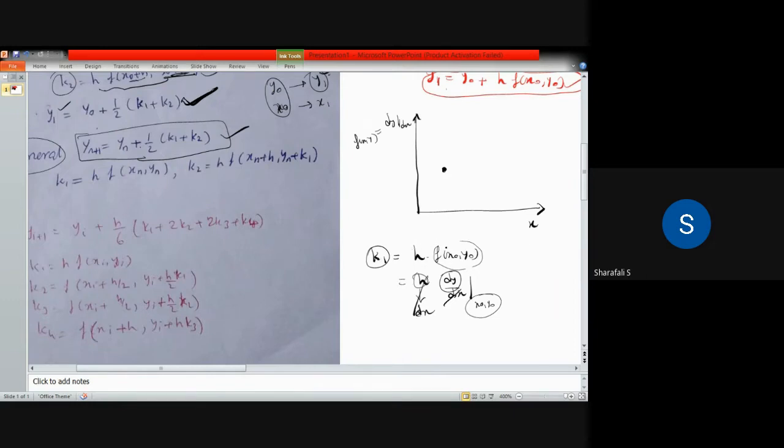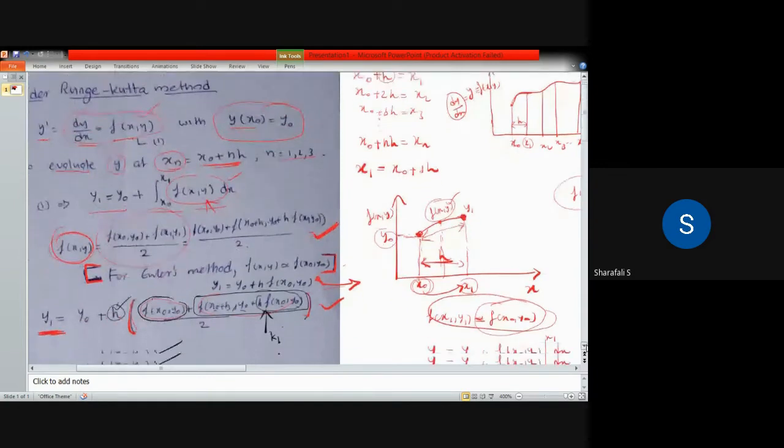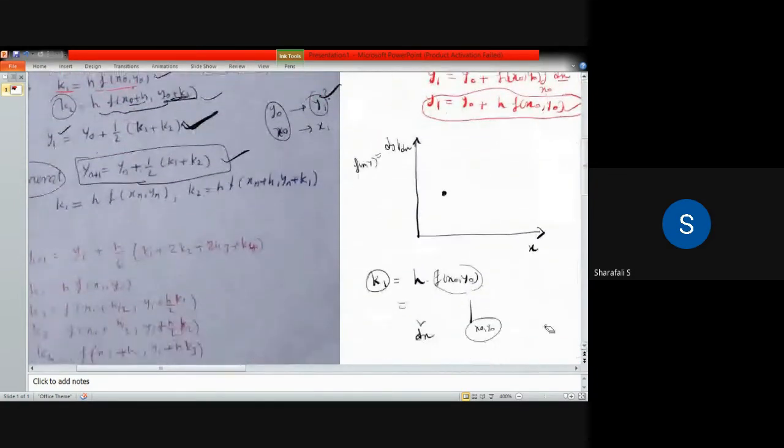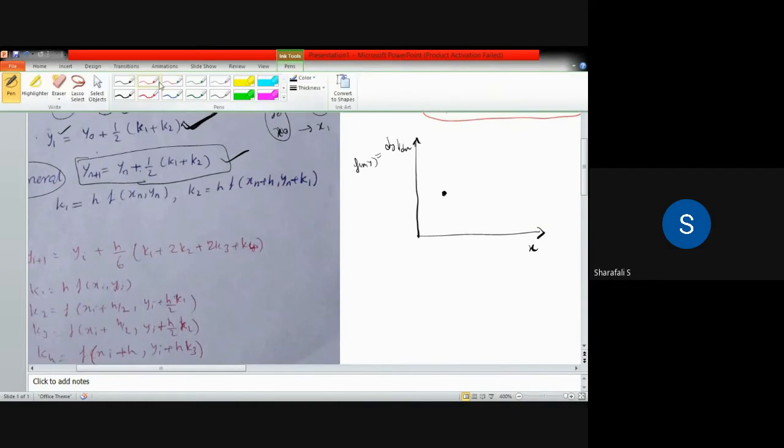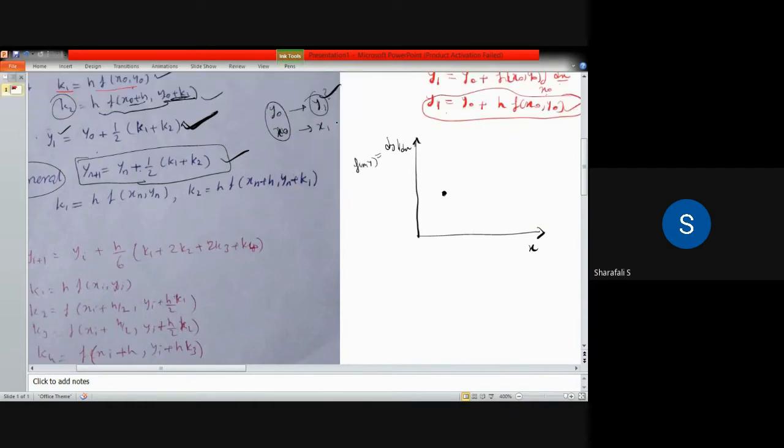If you are considering the slope at this point x0, y0, then the slope at that point multiplied with h will give you the value of k1. So you'll have some k1 like this, which is this slope multiplied with the h.